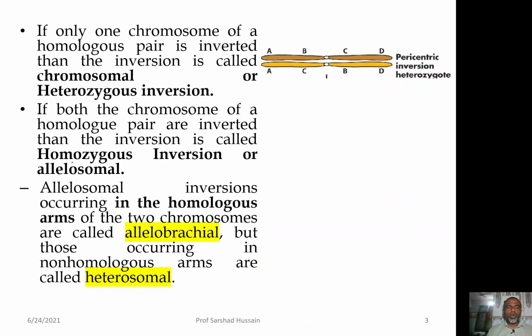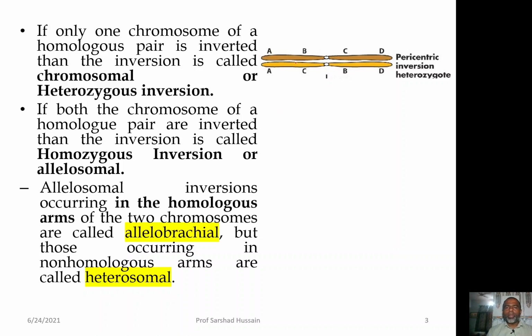Now, in case of the homozygous inversion, which is also called the allosomal, when both the chromosomes of a homologous pair show the inversion, if the allosomal inversion occurs in the homologous arm of the two chromosomes, that means if inversion is taking place in this arm of the one chromosome and the inversion of the other chromosome also takes place in the same corresponding arm, then that type of inversion will be called allobrachial.